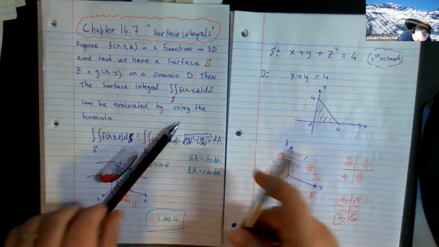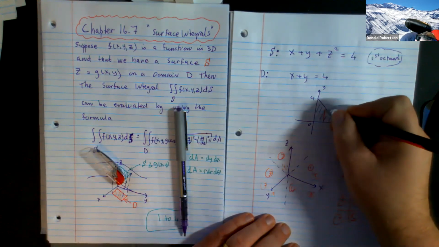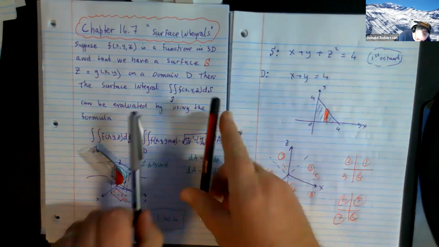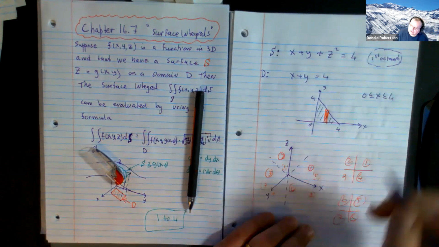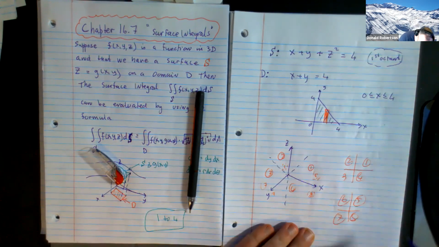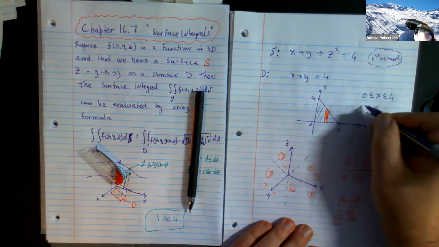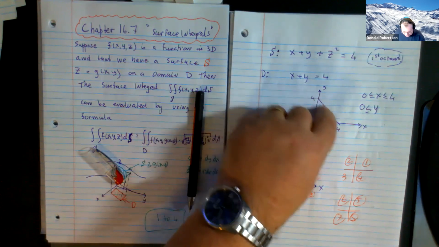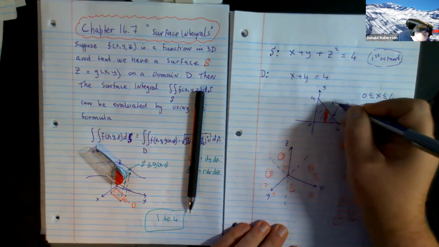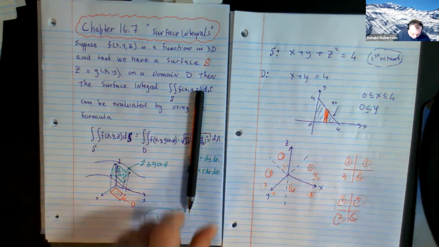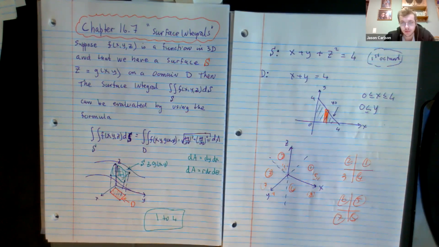Now, in this case, don't you put your classic vertical rectangle? If you can possibly do it, I suggest you make the x's go from zero to a number. In this case, what's the equation of this line? y equals 4 minus x.